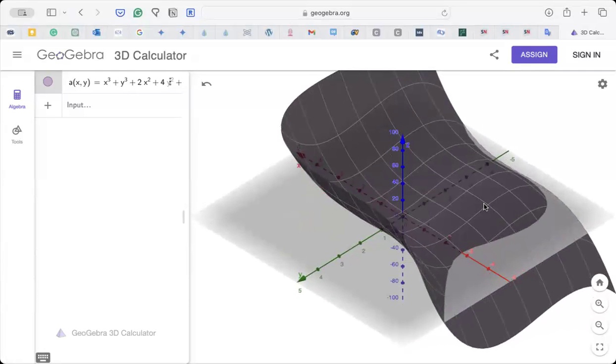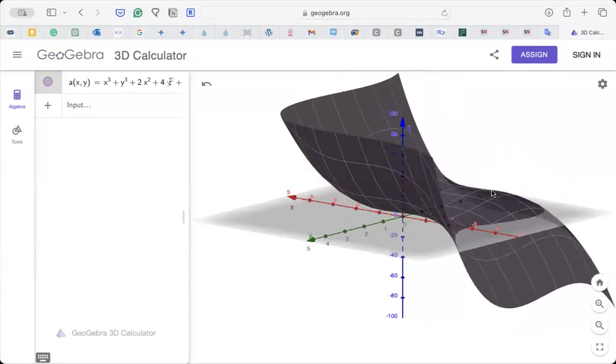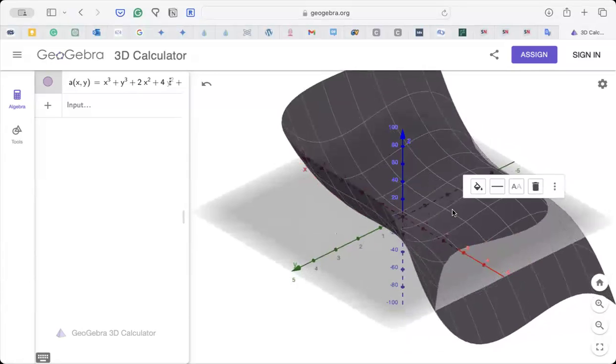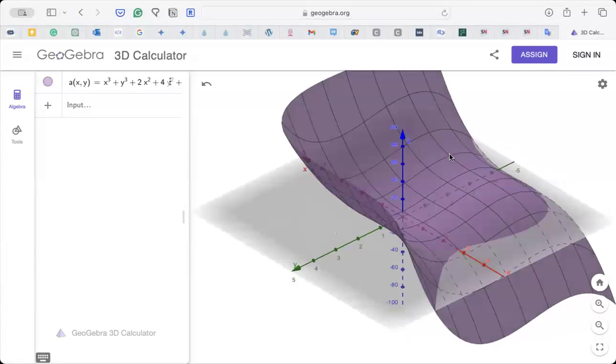Somewhere around here. And there are certain points over here and over here.